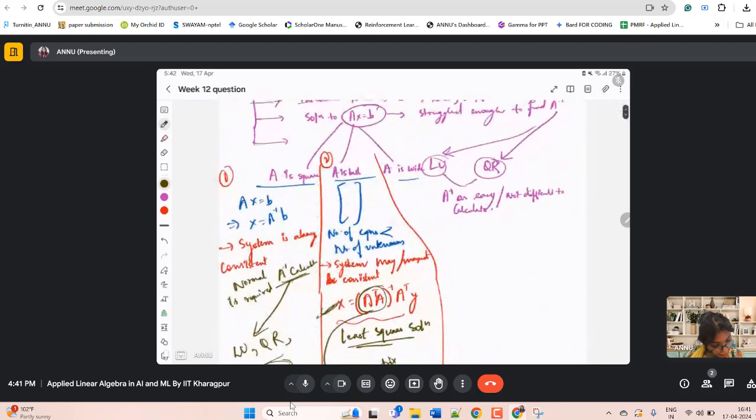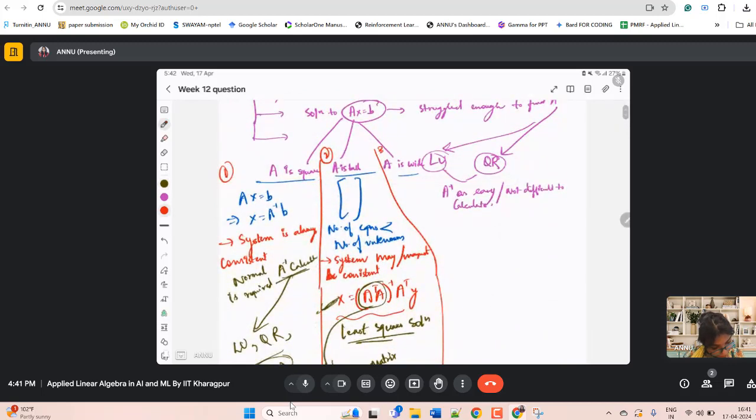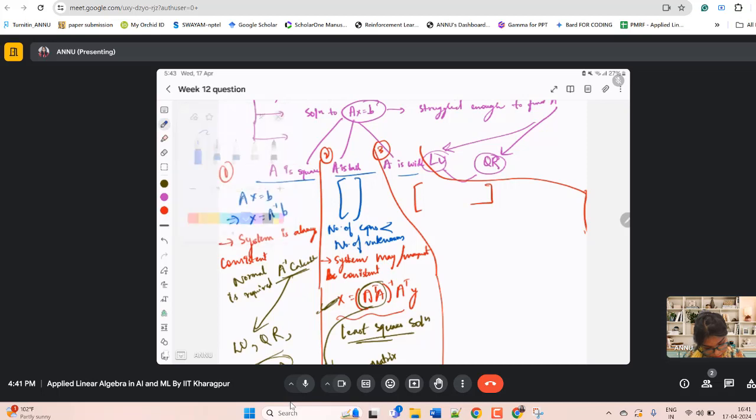The third one is when A is wide. In this case, you have wide, which means number of equations is greater than number of unknowns.